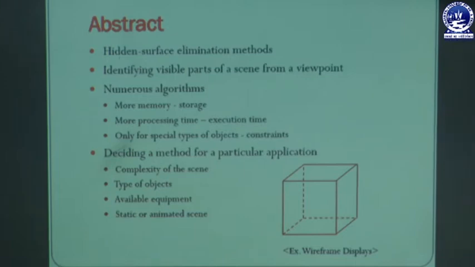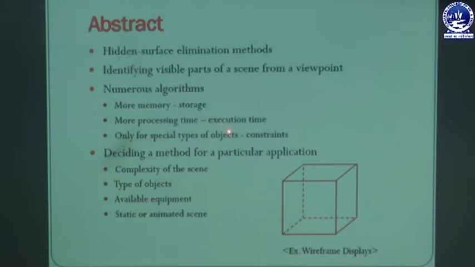This is possible by using numerous algorithms, more memory space, and more processing time, only for special types of objects. If an object consumes more memory space and more processing time, and works for a special purpose, then we have to use surface detection mechanisms.